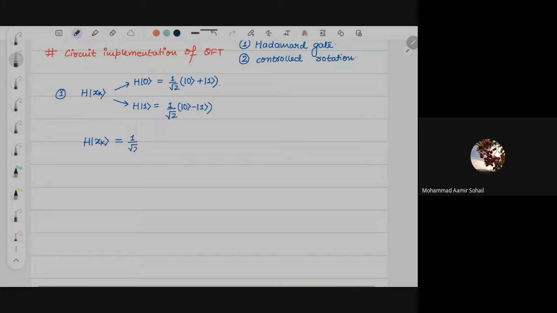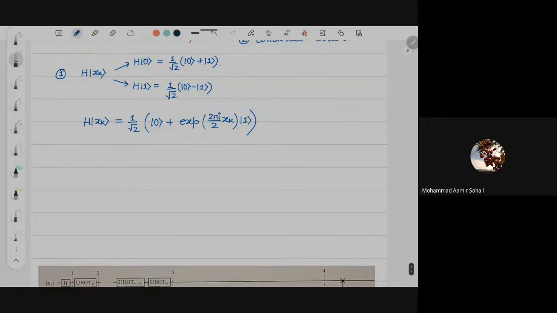So 1 by root 2, 0 plus e raised to 2 pi i xk by 2, 1. Here we can verify this one. If we have 0 here, the whole exponential will be 1, and then we are left with 0 plus 1 by root 2, and this is what we have here.